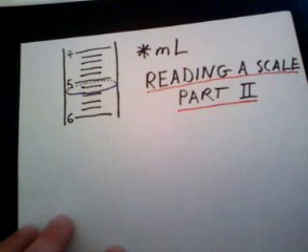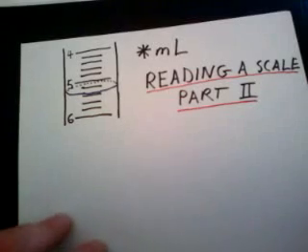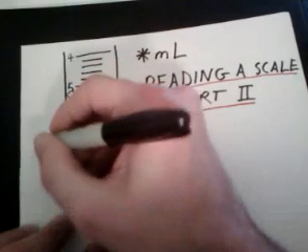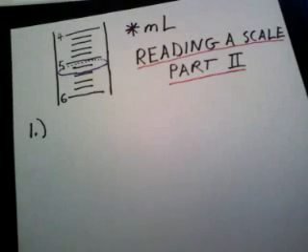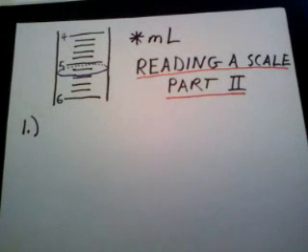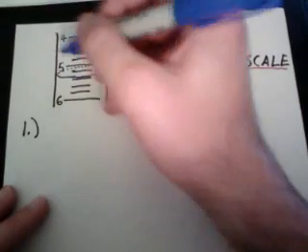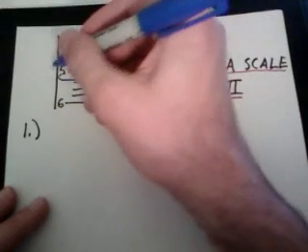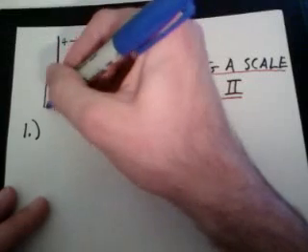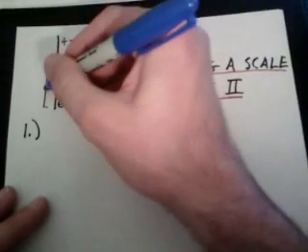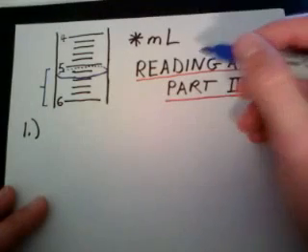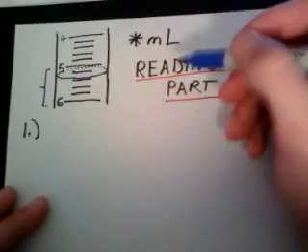And the first step is to find the distance between two sequential marks. So what's that distance? Well, if we look, and this is in milliliters, very important by the way, between marks 5 and 6, we can see that this distance here is 1 milliliter, right? 6 minus 5 is 1 milliliter.